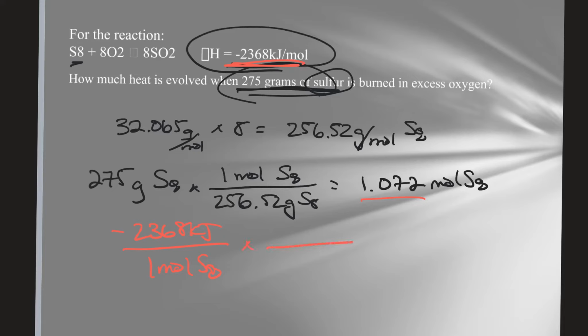If you multiply this by 1.072 moles of S8 and cancel the units, you put this into the calculator and should get a total of negative 2,538.6 kilojoules. That's how much energy is being released.